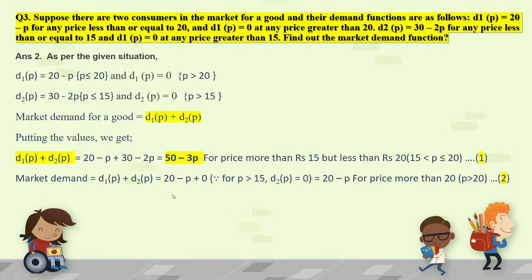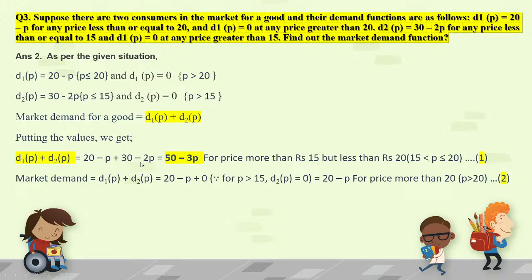Then market demand is the summation again, but here this part is being taken as 0. Why is this being taken as 0? Because for any price greater than 15, D2(P) becomes 0. So for this situation, when the price is more than 15, the second demand function becomes 0.